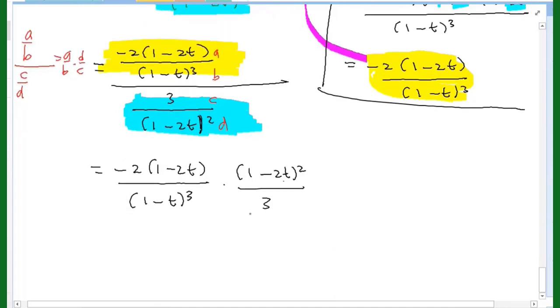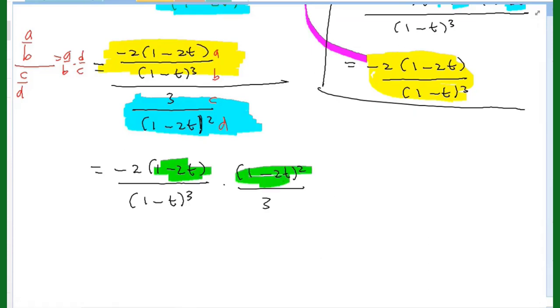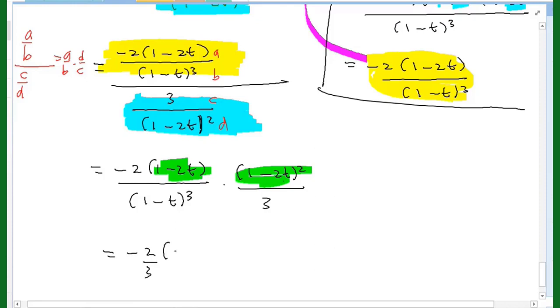And then check, this one is the same base, right? So we can add the powers. Okay, negative 2 over 3, 1 minus 2t cube over 1 minus t cube. Settled, this is actually d2y/dx squared.